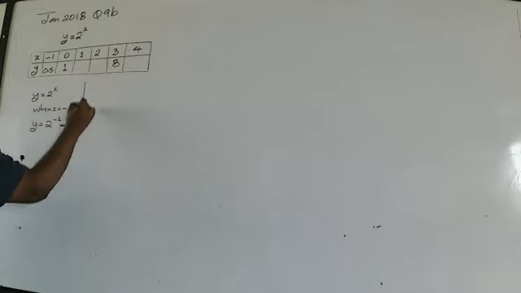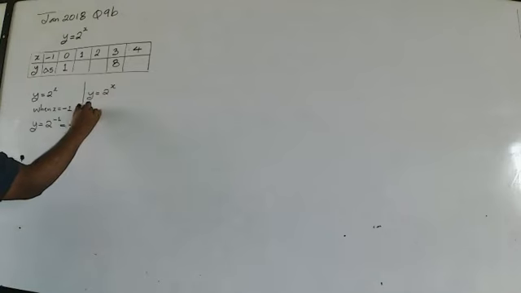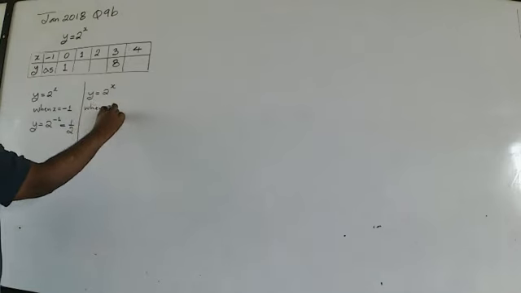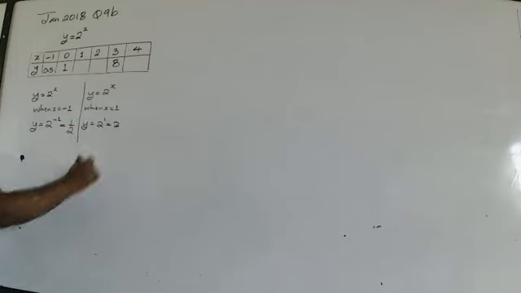Again, we have y is equal to 2 to the x. Stay with me. When x is equal to 1, y is equal to 2 to the power 1, which is just 2. So everybody good with that? Yes, sir. So the value here is 2.